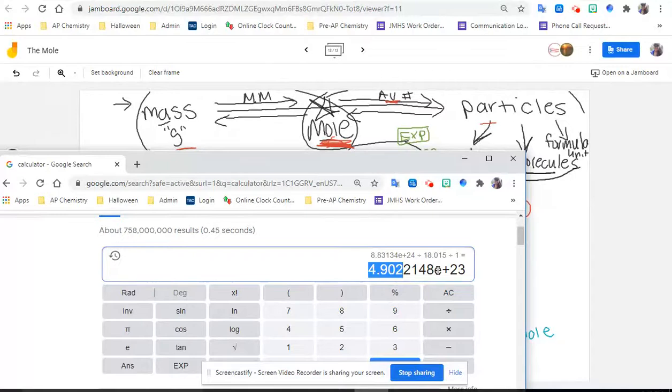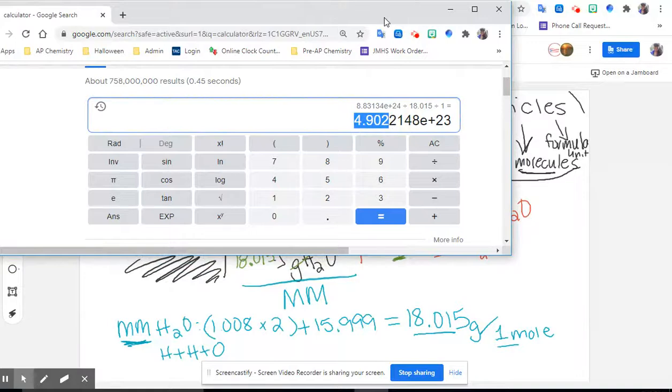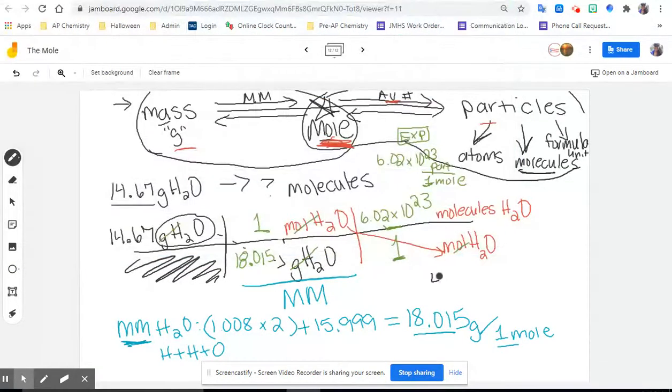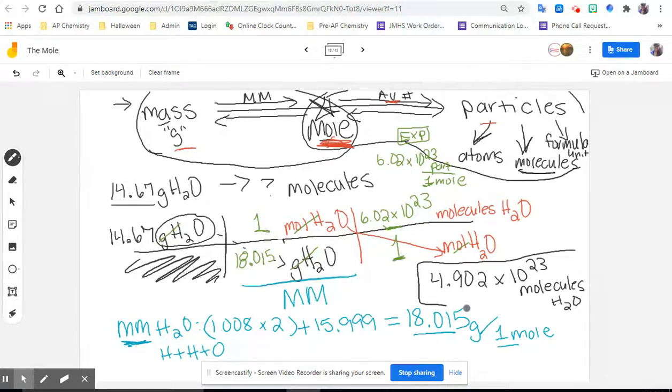This E, remember, is times 10 to the 23rd. So I'm going to write that down. My final answer is 4.902 times 10 to the 23rd molecules of water. And that is how you do it.